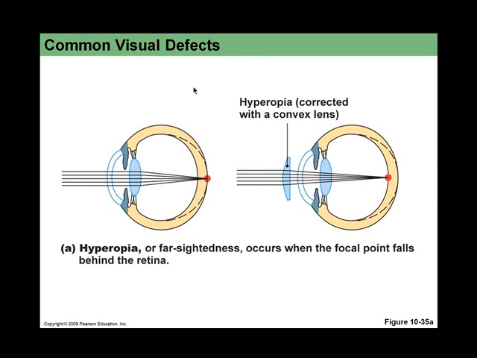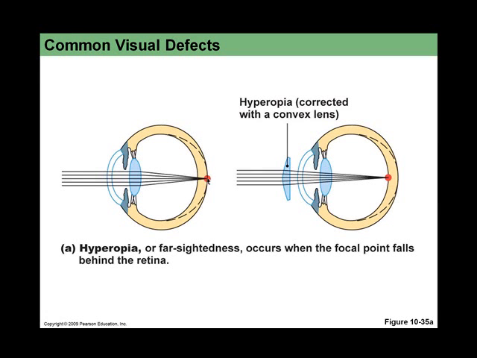So the common visual defects: hyperopia, or farsightedness, occurs when the focal point falls behind the retina. The retina is on the innermost portion, and we'll look at the anatomical details of that in the next series of slides. The sclera is the outermost portion.